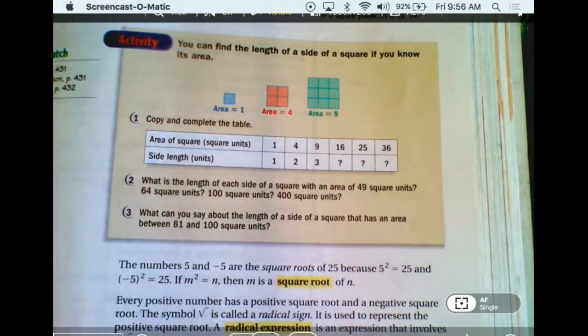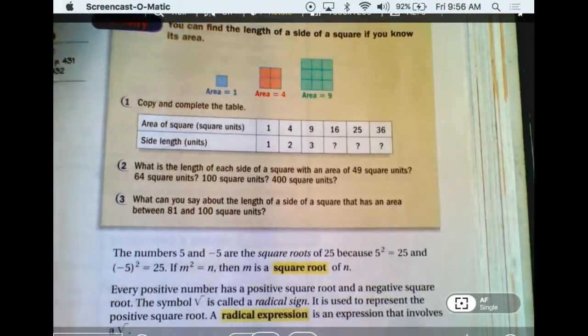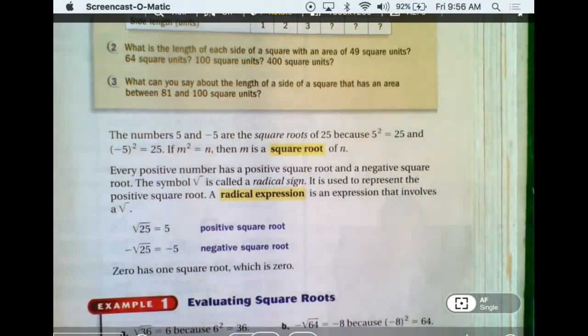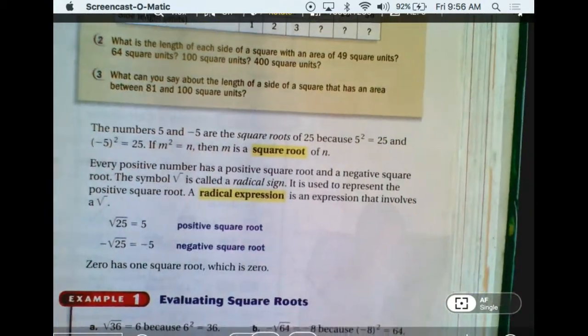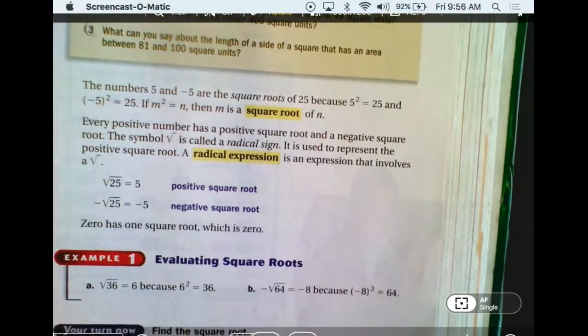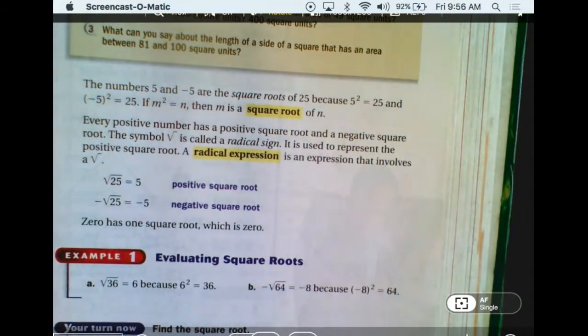Basically, they're telling you here a radical expression is anything with a radical sign. I know you probably haven't heard the word radical before with math, but radical signs are these square root signs. In the future, you'll learn that you don't have to just take a square root of something. You can take a cubed root of something, or a fourth root of something.